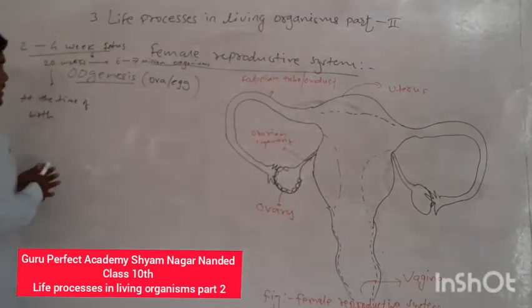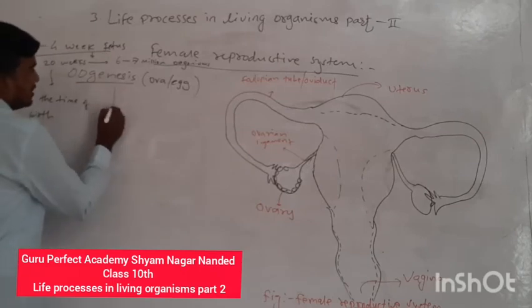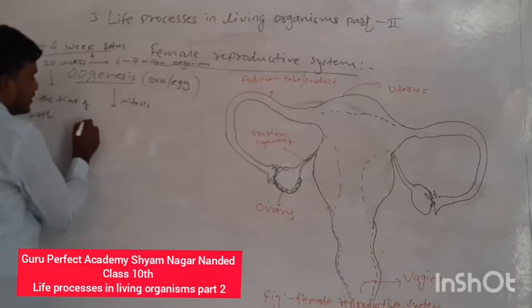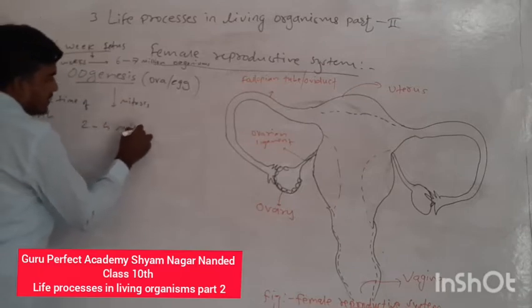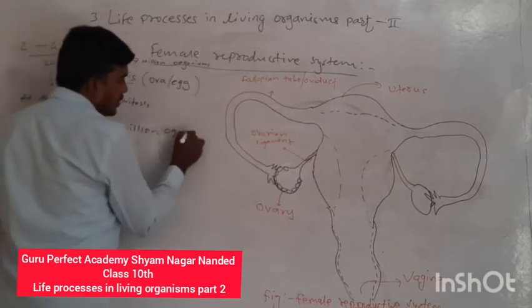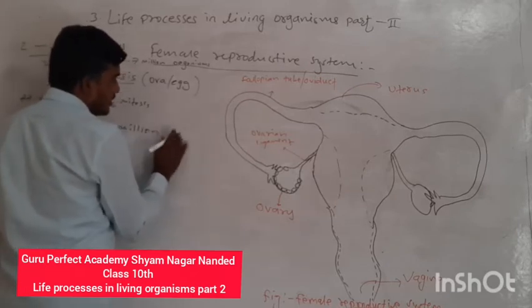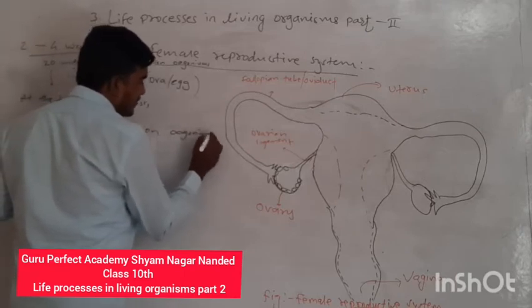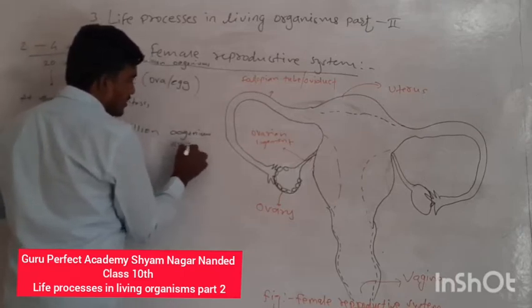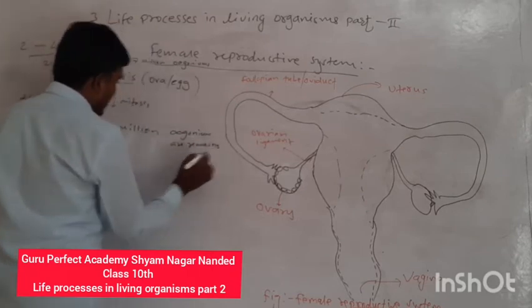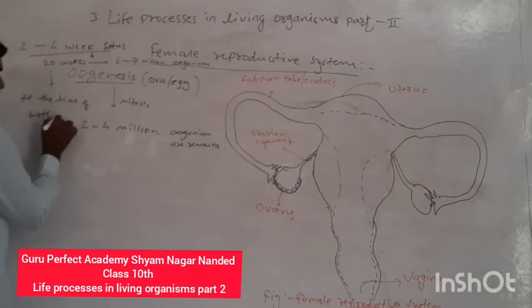At that time the number of mitotic divisions occur, and only 2 to 4 million oogonia remain at the time of birth.